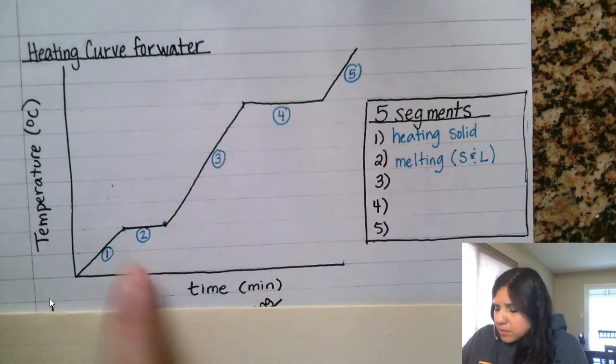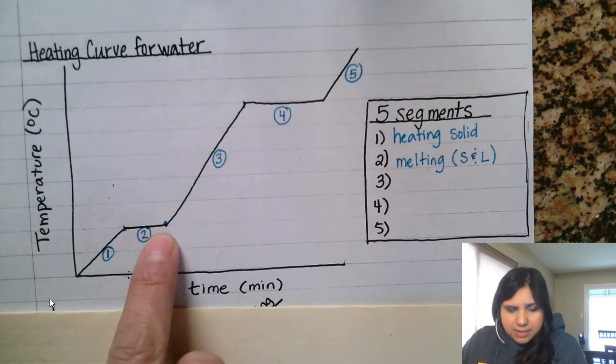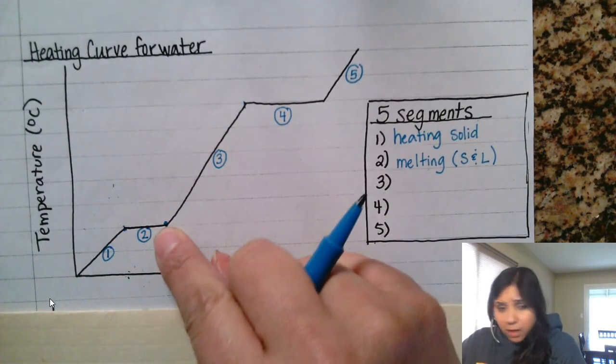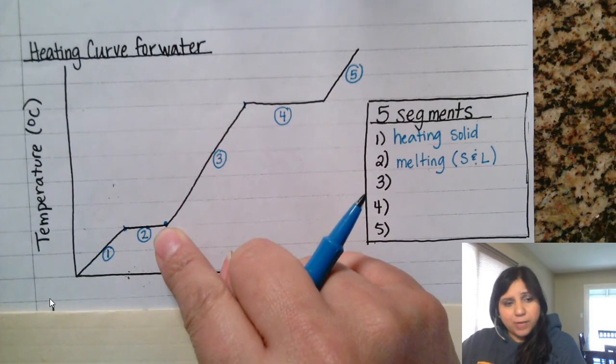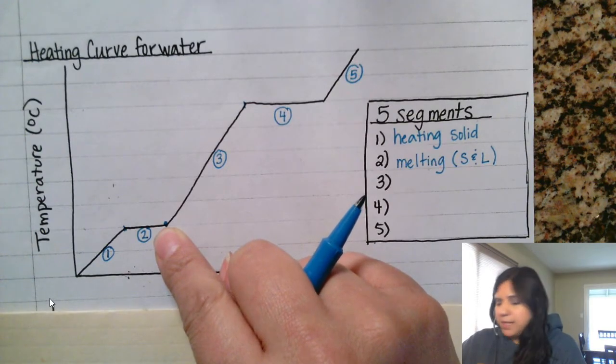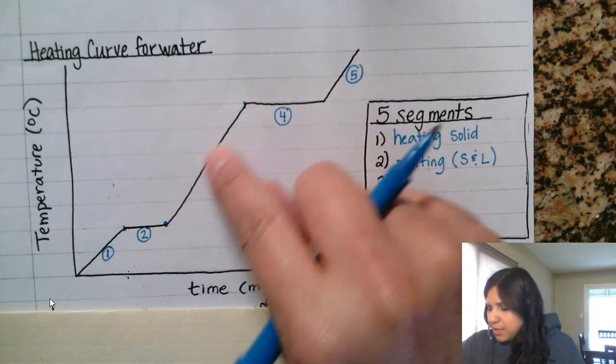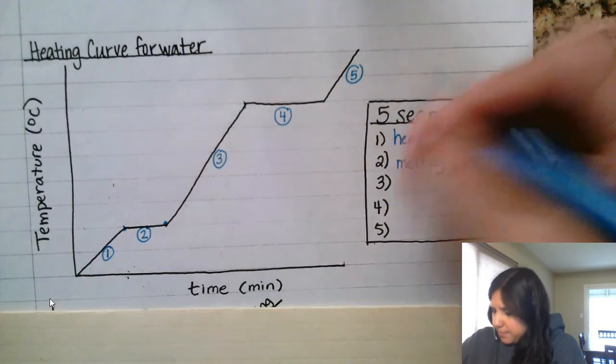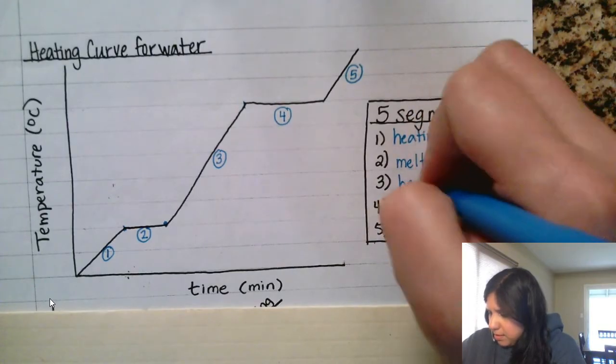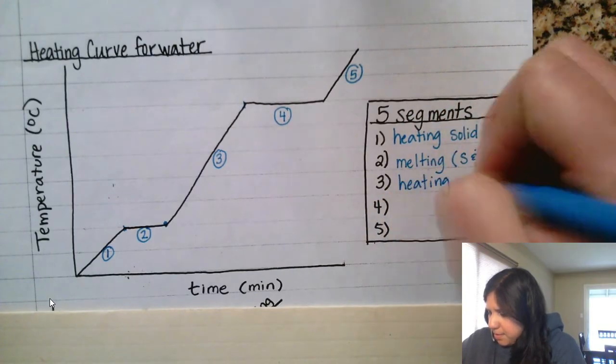All right. As soon as all of the solid melts, and now it's liquid, all the particles have moved far enough away from each other that they're in the liquid phase, then we start heating the liquid. So this segment right here, this is all liquid. So we're heating the liquid in step 3.